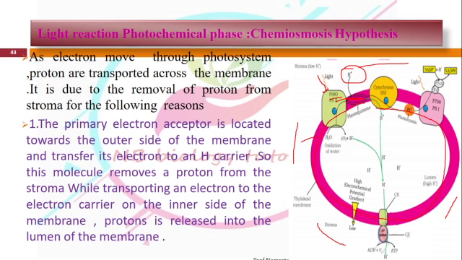This emitted electron is accepted by plastoquinone. At that time the stroma contains protons, and these protons also combine with the plastoquinone, and the result is the formation of PQH2.